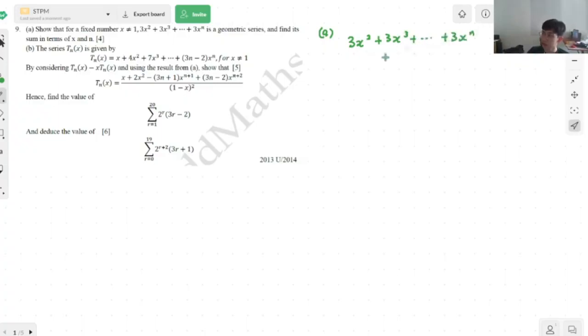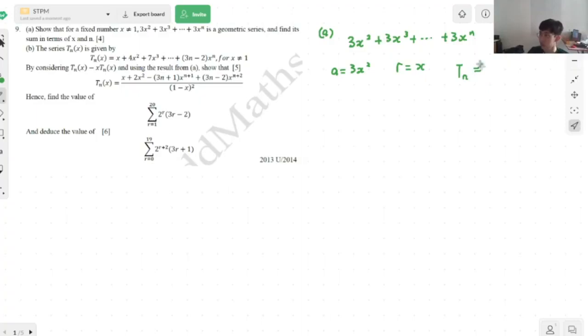So in this case, we can see that the first term is 3x squared, the r is x, because it keeps on increasing times x. So in this case, we want to know what is the tn term. Usually they can write ur, usually you can write tn. It depends on how you write this.